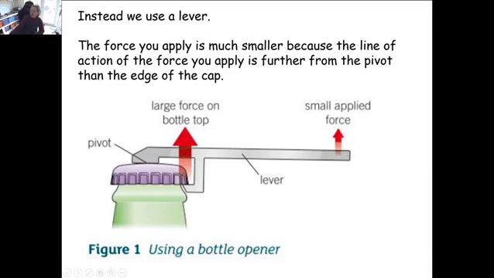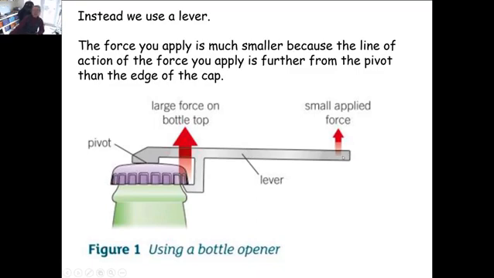So the whole action of moving that bottle opener creates the same moment anywhere along that lever. And you can create that moment in one of two ways. Either applying a very large force at a very small distance from the pivot point, or applying a much smaller force at a much larger distance from the pivot point.